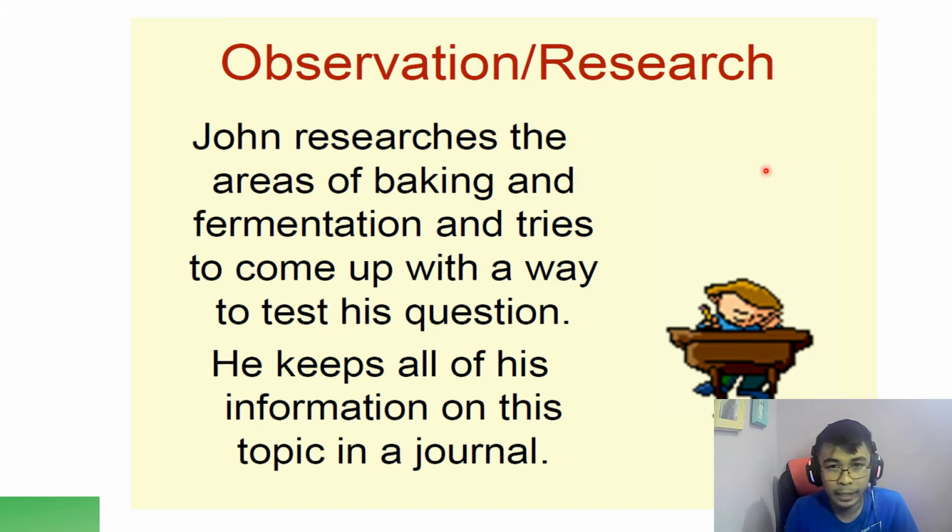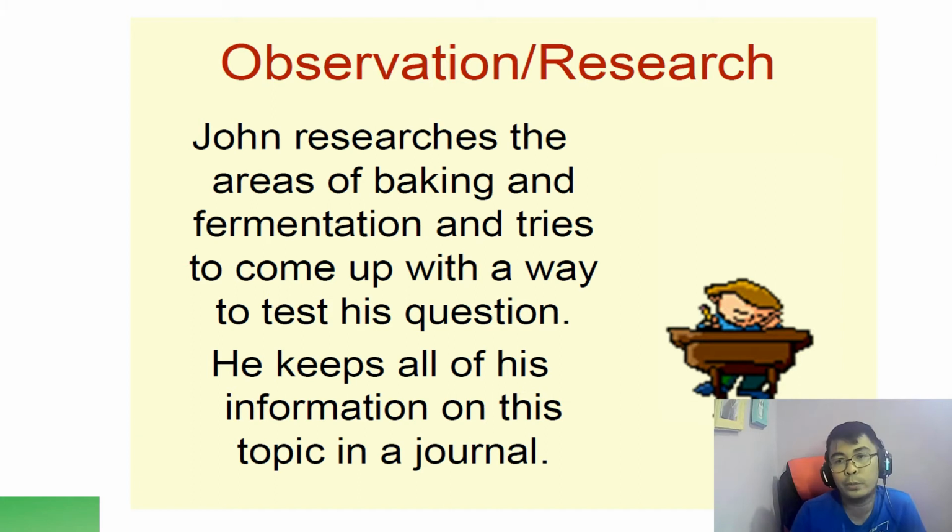As to our second step, we now have our observation or conducting of research. So, in the case of John, he researches areas of baking and fermentation and tries to come up with a way to test his question. He keeps all of his information on this topic in a journal. So in this particular step, you need to read, research, and take down notes, right?